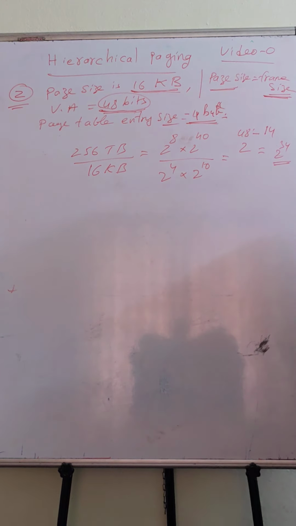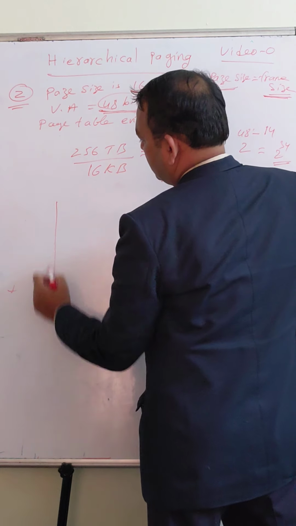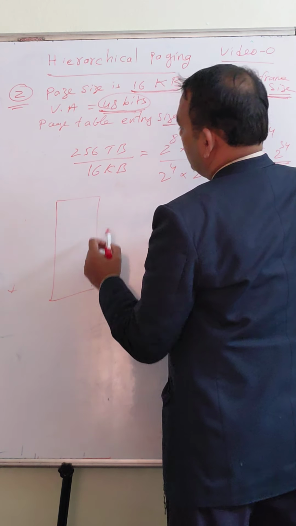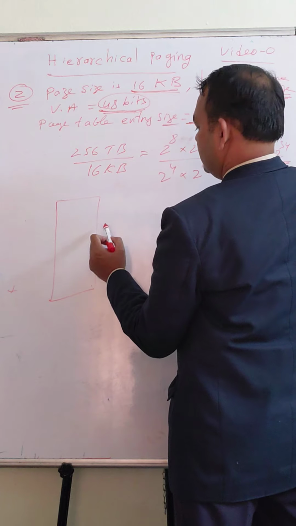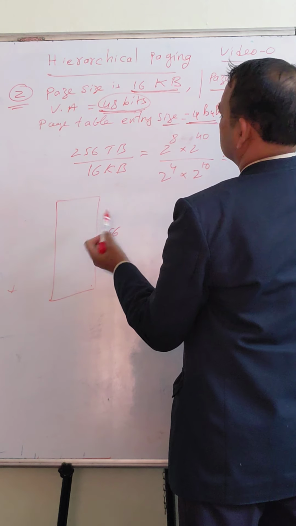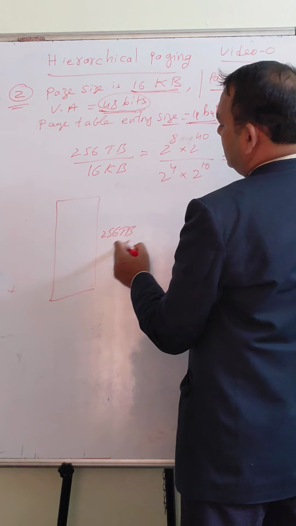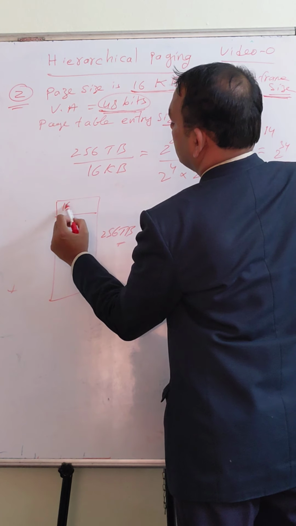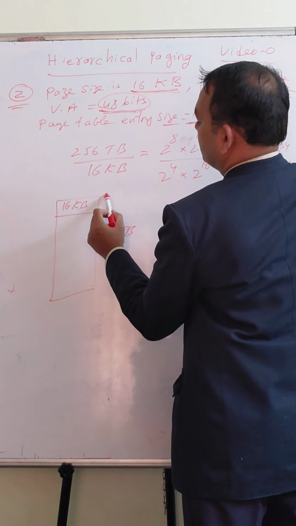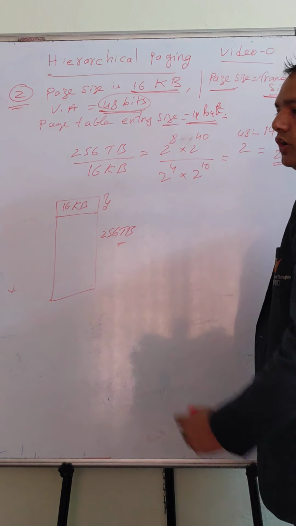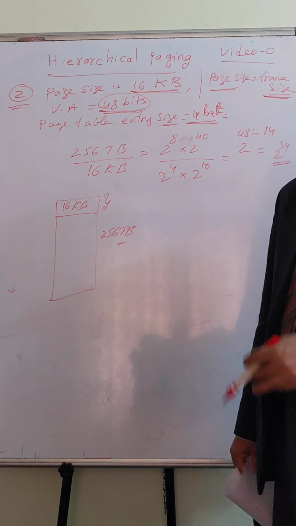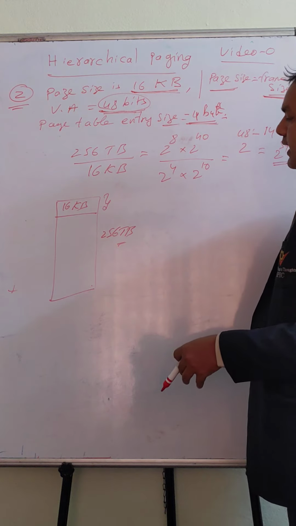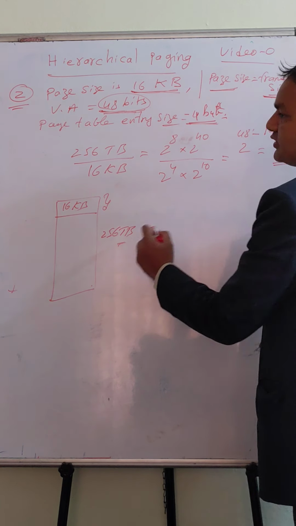My dear friends, the total size is 256 TB. In that, how many pages of size 16 KB, where 16 KB is the page size? How many 16 KBs are available in 256 TB?